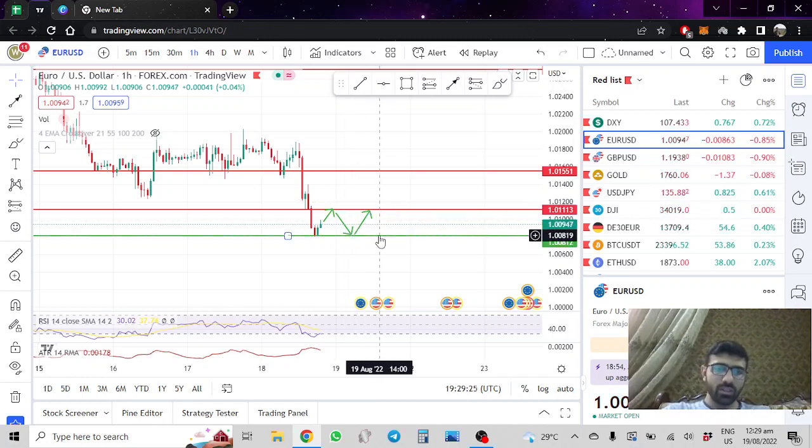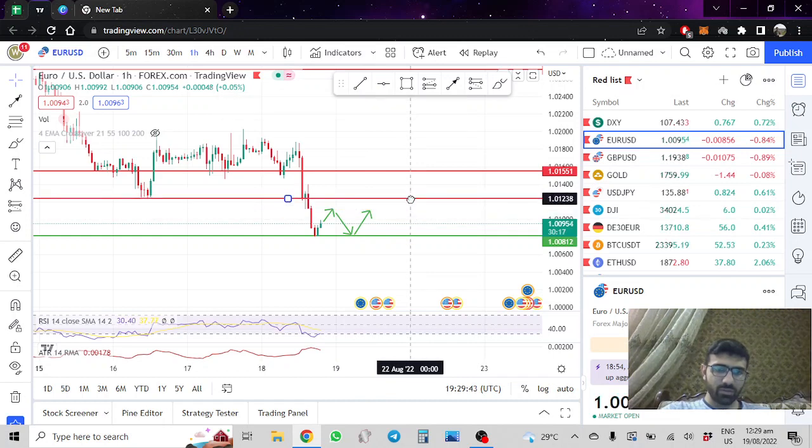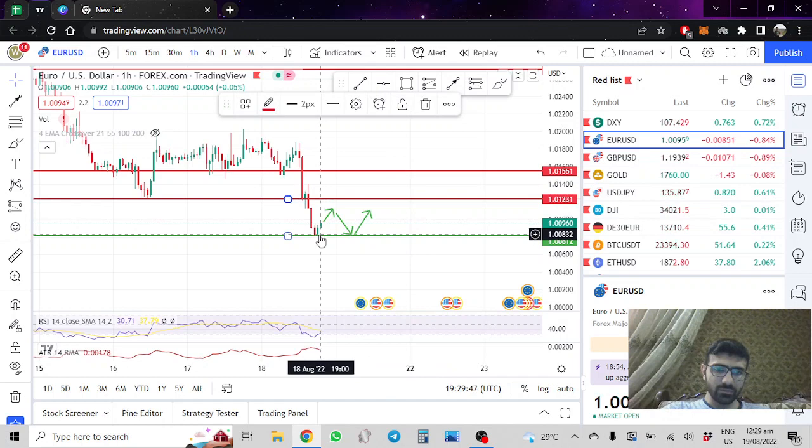How are we gonna identify a double top? In this pattern we are gonna wait for a little while. If the market goes back over here, this was our last level. So in the 1 hour we are gonna push this a little bit higher. Yes, so this is our area of interest now.